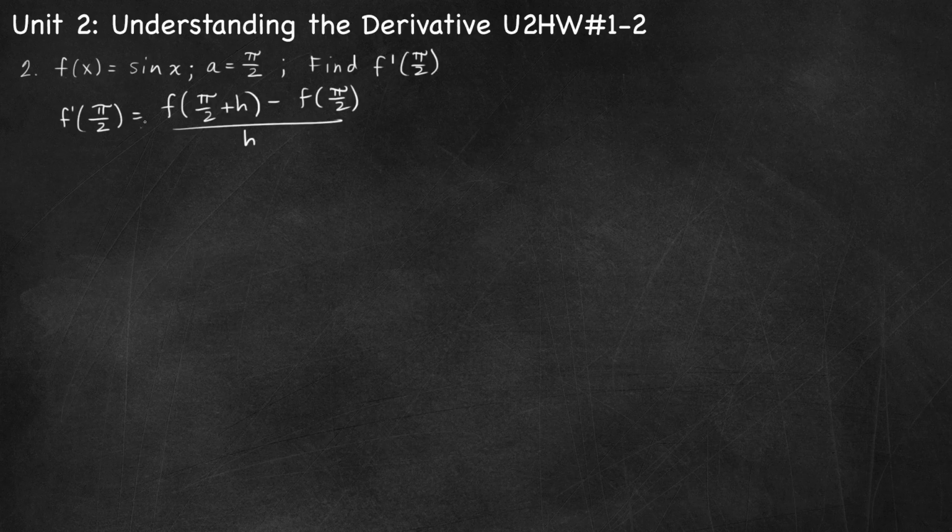Oh, I forgot my limit. It's the limit as h approaches 0 of f of pi over 2 plus h minus f of pi over 2 over h. So we know f of x equals sine x. We're going to need f of pi over 2 plus h. So that's going to be the sine of pi over 2 plus h.